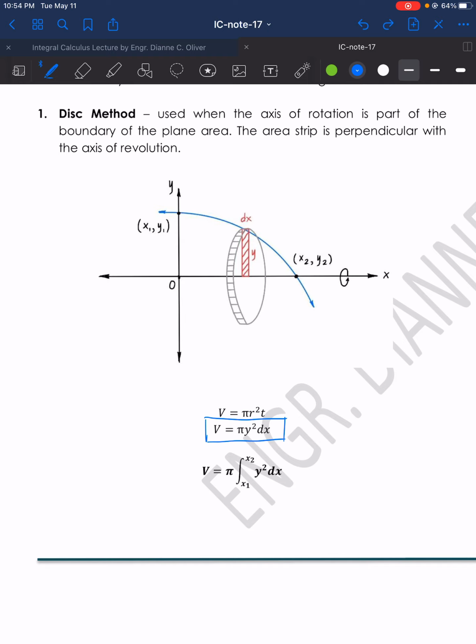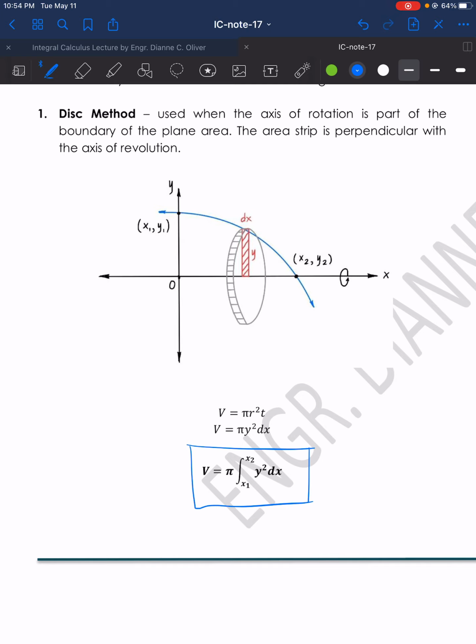Now to get the volume, given the limits x1, y1 and x2, y2, we now have the formula: volume is equal to pi integral of y squared dx from the limits x1 to x2. So that's the formula to be used if we are considering the x-axis as the axis of rotation, and the method used is the disk method.